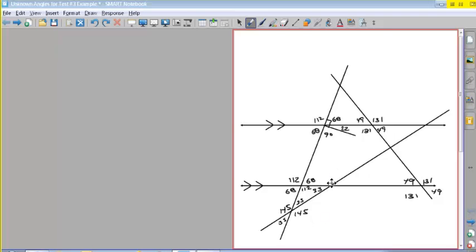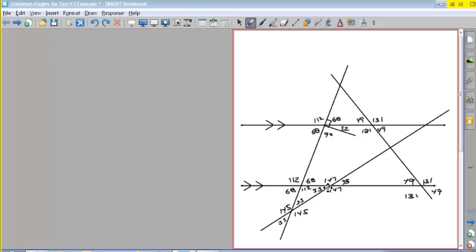So now that I know one angle, if you know one angle where you have 2 intersecting lines, you know all the others, because the opposite angles are vertical angles and the adjacent angles are supplementary. So this is going to be 180 minus 33, which comes out to be 147. So this is 147. This is also 147.